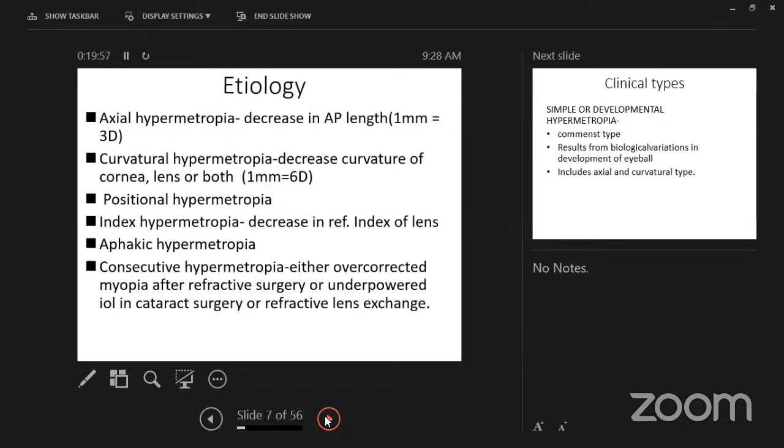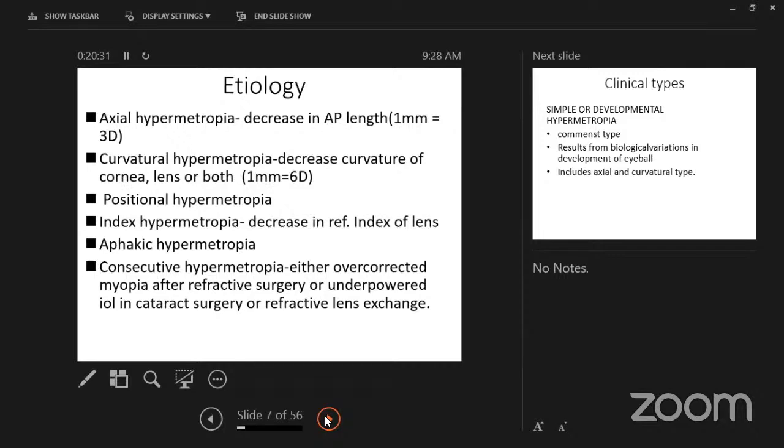I know the axial length. Based on axial length, whatever the axial length we get, we have to subtract it from 23.8, and whatever value comes, we multiply it, then we get the exact power of the lens.